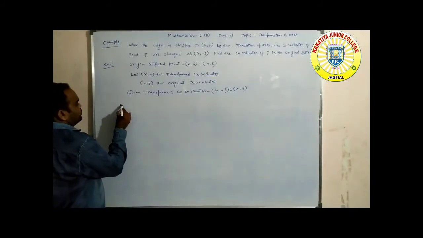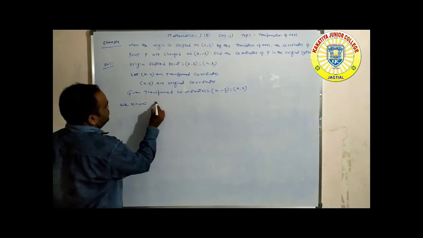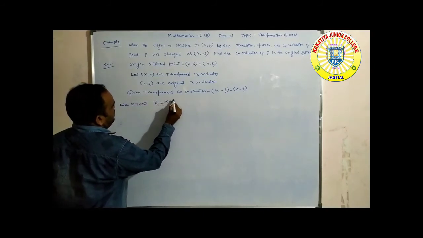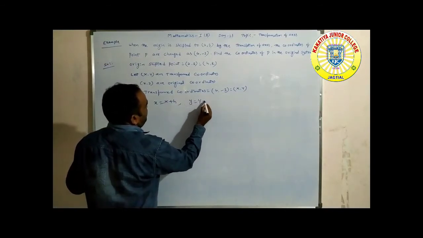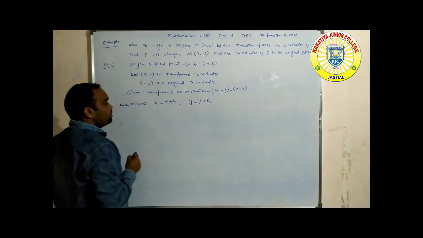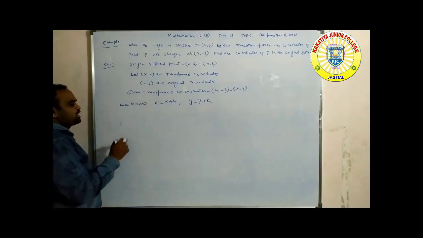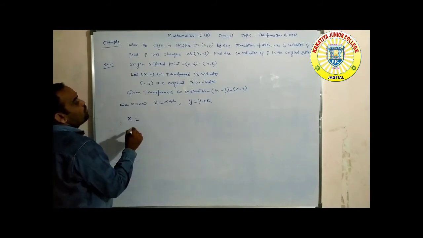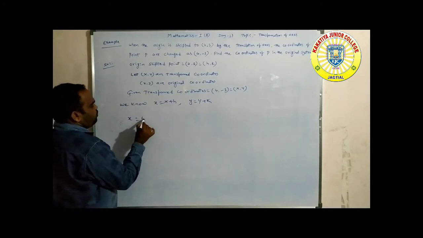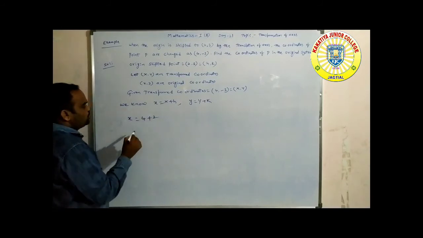So here we know the relation between the new coordinates and old coordinates. Small x is equal to capital X plus h. Small y is equal to capital Y plus k. So we are finding the original coordinates, that's why small x, small y. Small x is equal to capital X plus h. What is the capital X value? 4 plus h. H is equal to 2.